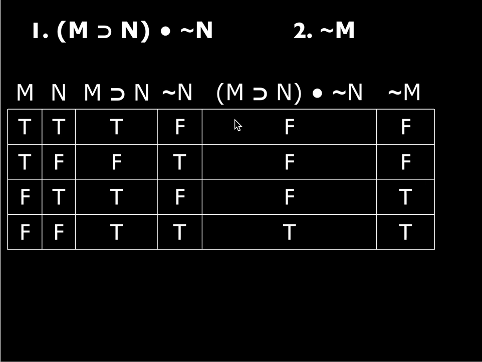These two I could have done in either order. I could have done not N and then this conditional, whatever. But I had the freedom to manipulate things so that the two statements I'm assessing are 1, 2 in order at the end. You're not always going to be able to do that. Okay, but this time I could.